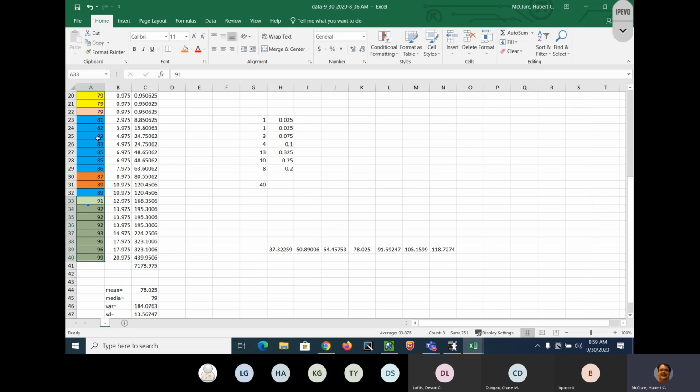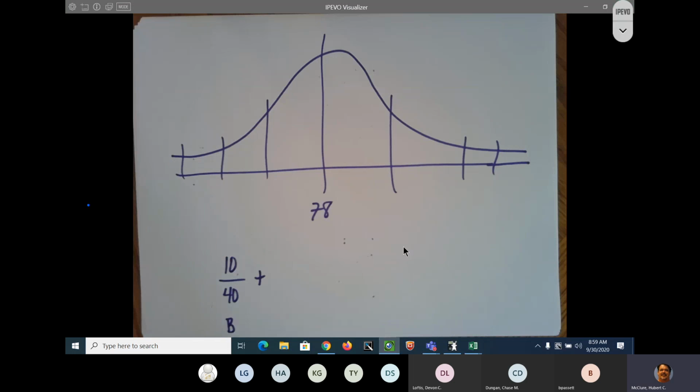So what I would probably say, if this is what they're asking, 1, 2, 3, 4, 5, 6, 7, 8, 9, 10. That would be 10 over 40 plus 8 over 40. I think that's what they're doing. 10 over 40, that's B's, plus, I don't know why they just don't ask you to write a book. 8 over 40 on this question.